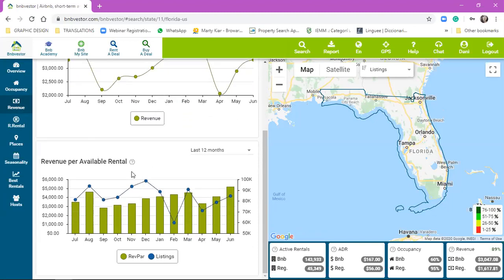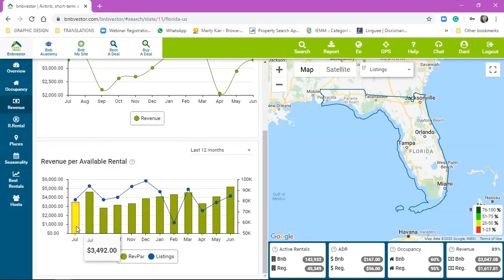Then we have revenue per available rental. That divides the daily rental revenue by the number of listings available for rent. The number displayed is the average of the daily revenue per available rental in the last month.